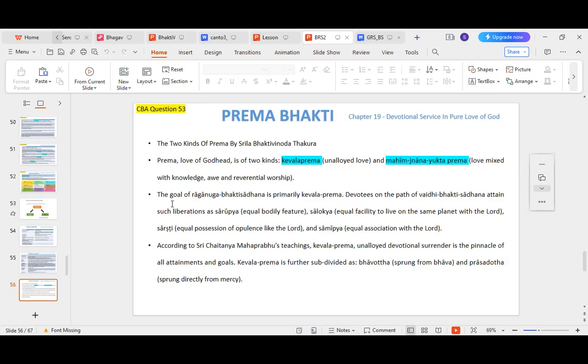But from this 19th chapter, Bhaktivinoda Thakur is specifically mentioning two types of prema. One is called kevala prema and the other mahima jnana yukta prema. Yukta means that vairagyam, the perseverance or determination.